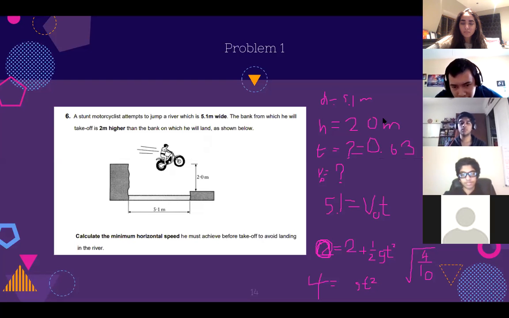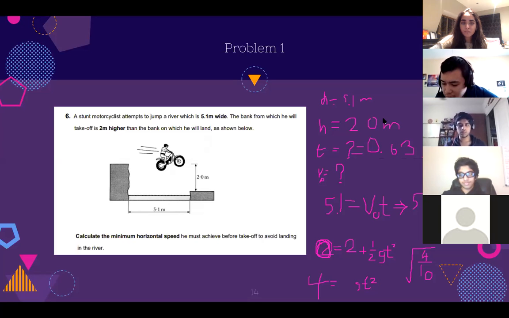So we have, my annotation is acting up. So I'm going to make a little arrow and say 5.1 equals 0.63 v naught.